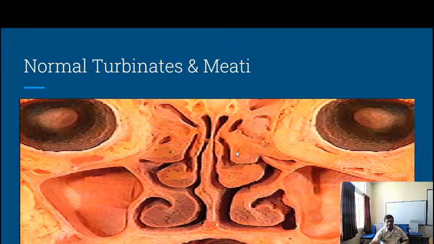This is the bulla ethmoidalis, and this is the inferior turbinate. This is the ethmoidal complex. This is the normal structure. The passages are narrow like that, and that's the maxillary sinus. This is the picture which you see in a normal coronal section.